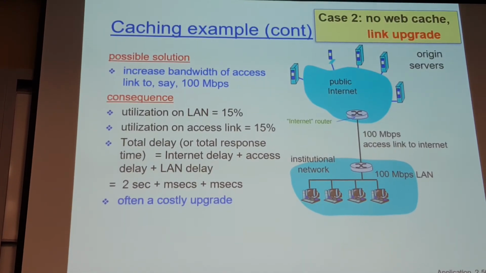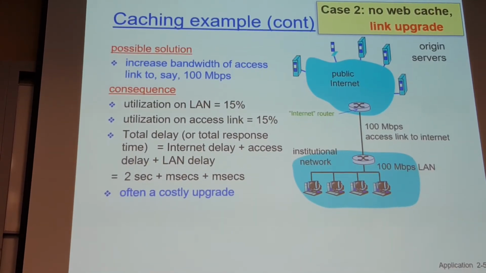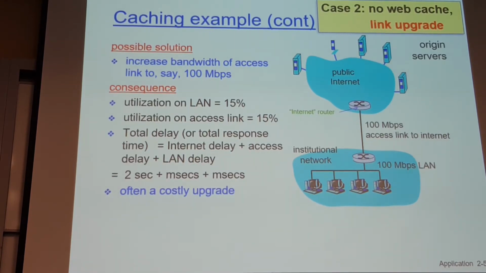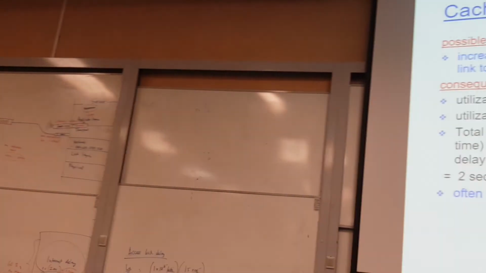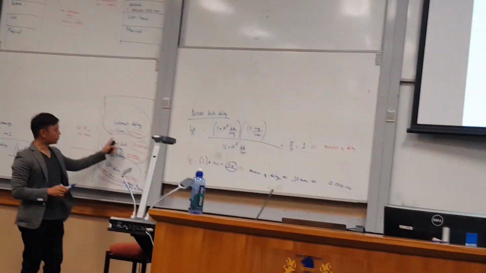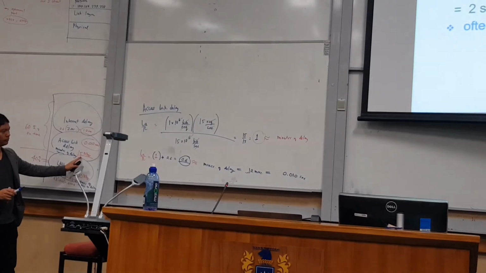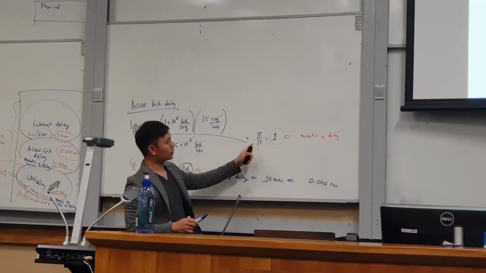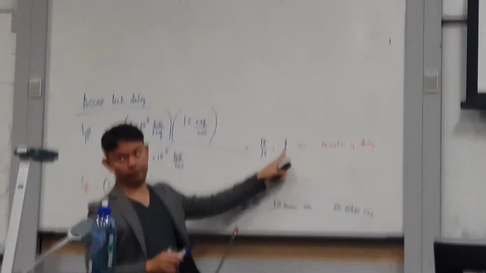I'm wondering, why does the latency jump from minutes to milliseconds when it's only 60%? How does that exactly work? This one, okay. So if we're going to use this bottleneck link 100% of the time, we saw from our computation that it's going to give us traffic intensity of 1.